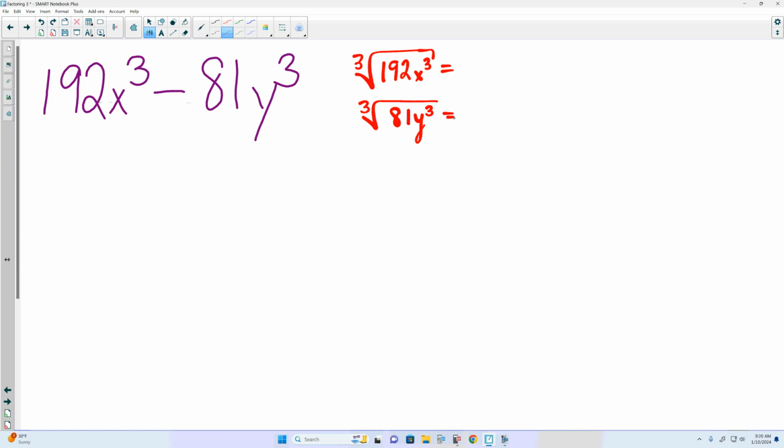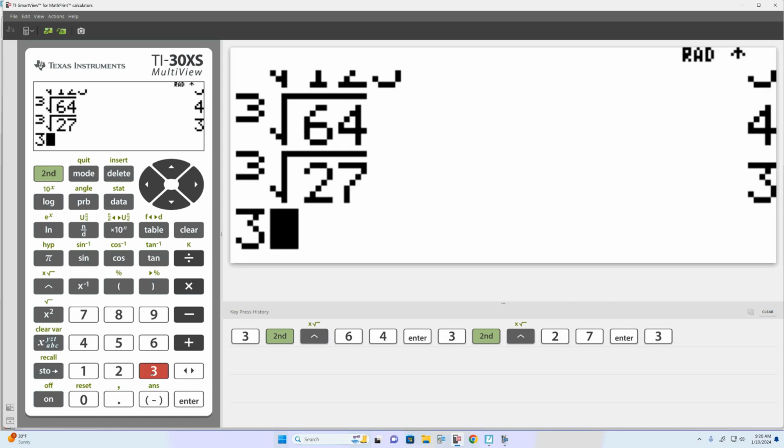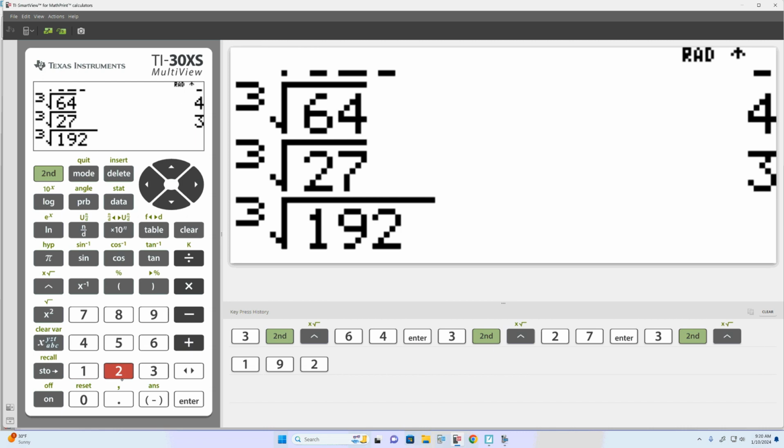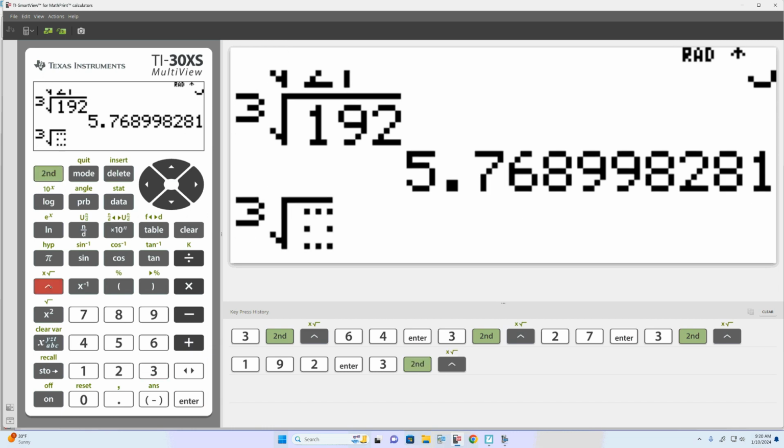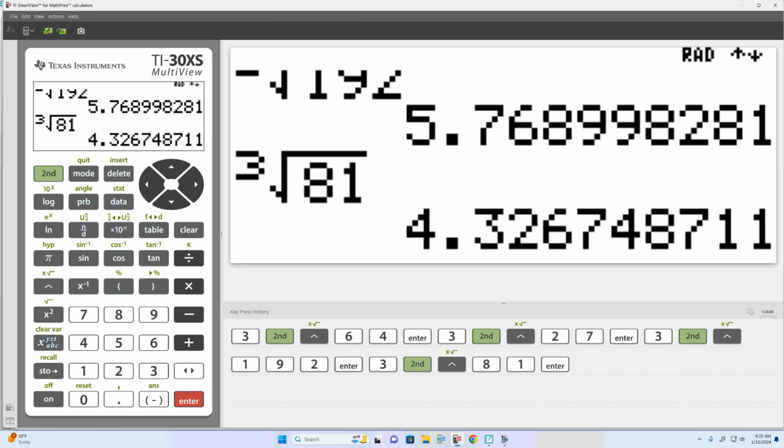Now, the cubed root of x to the third would be x. The cubed root of y to the third is y. So if we look at the cubed root of 192, this is not a perfect cube. And we can check with 81, and it is not as well.